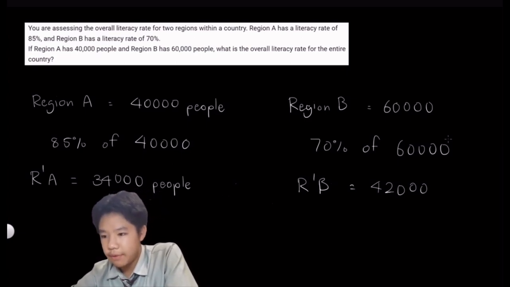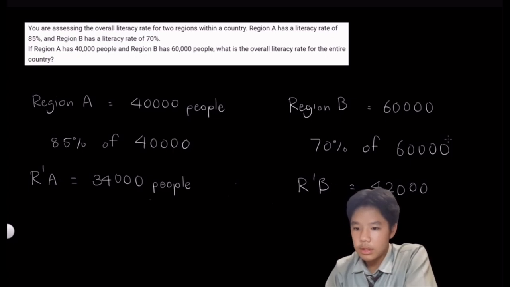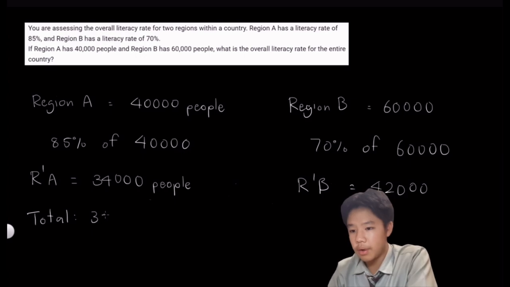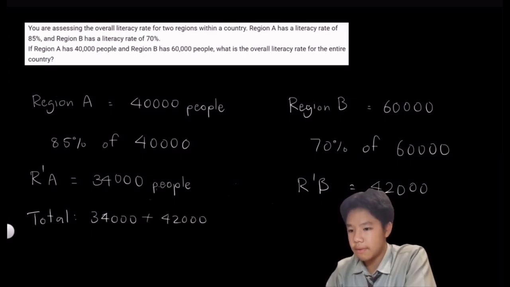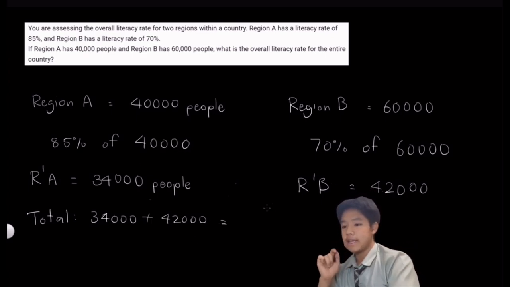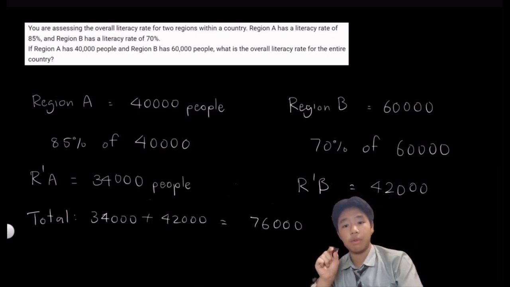So let's say for the total, we go 34,000 plus 42,000 is 76,000 people.